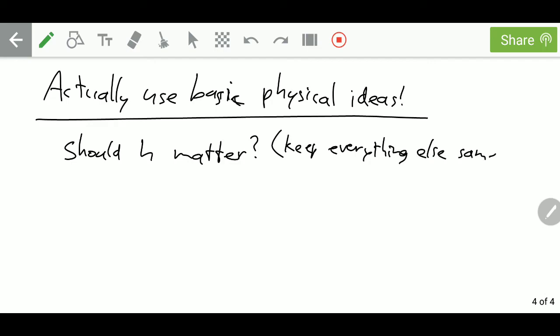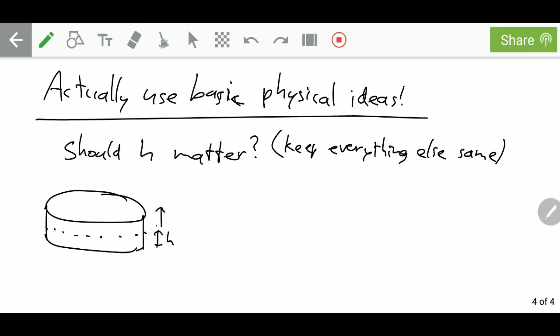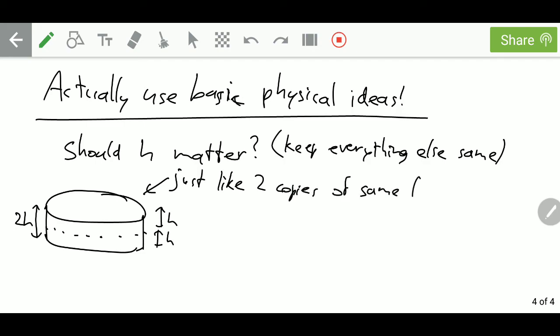Well, if we keep everything the same, and let's say, for example, we double the thickness, so we make a new thickness 2h, then it's basically just like two copies of the same flywheel. So we get 2 times the kinetic energy, but we also have 2 times the mass, and therefore the kinetic energy per mass is the same.